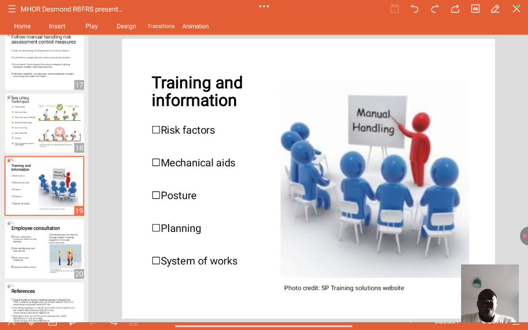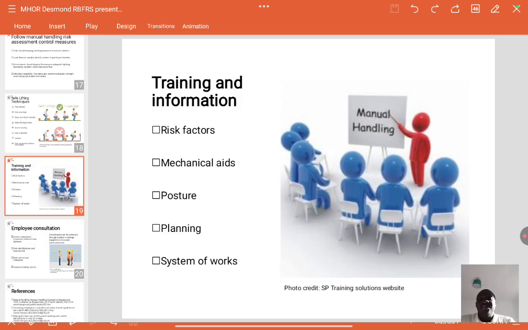Let's look at the training and the information. When you look at the risk assessment, all the control measures that are outlined need to be communicated to the workers. So that is the aspect of training and information. And similarly to risk assessment, handling, training and information should also be recorded.